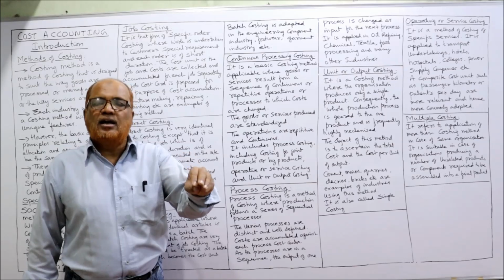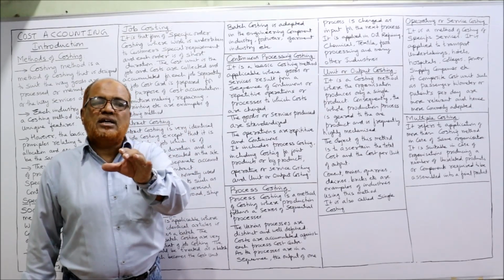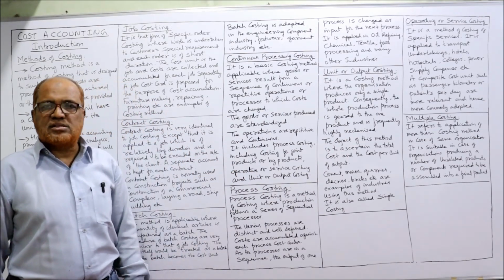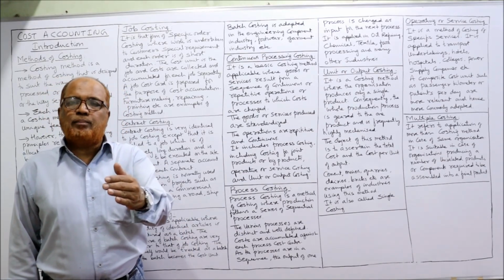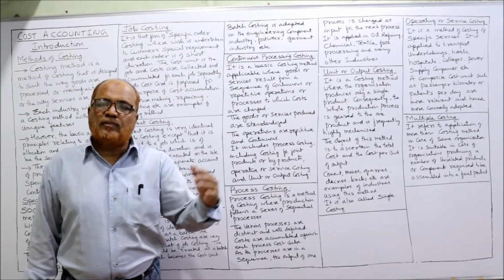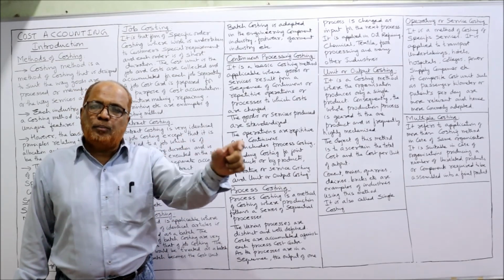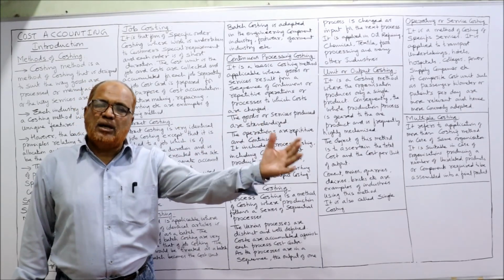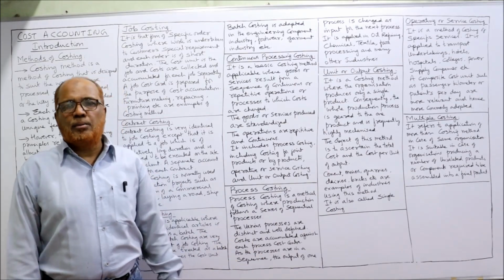The cost incurred will be accumulated to find out how much cost is incurred in each process. And the feature of this process costing is the output of one process will become the input of the next process. The output of process 1 will become the input for process 2. The output of process 2 will become the input of process 3. Like this, the goods are produced.